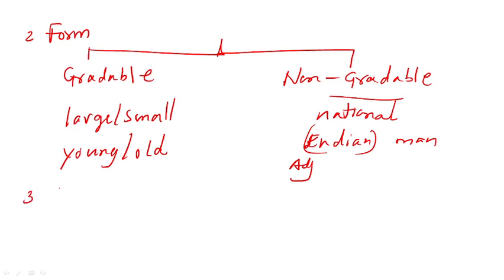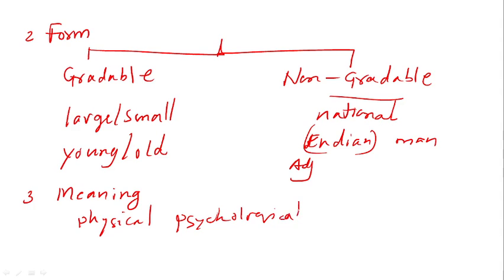As far as the meaning is concerned, the third test, adjectives show the quality or the property of nouns. They refer to physical qualities, psychological qualities, or evaluative qualities. For example, physical quality, if you talk about the color or shape of a thing, for example, round table, the physical quality of the table.